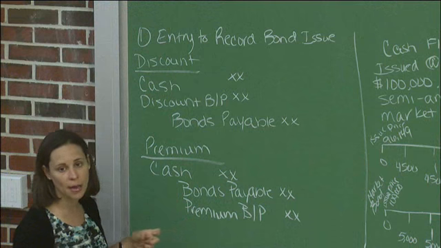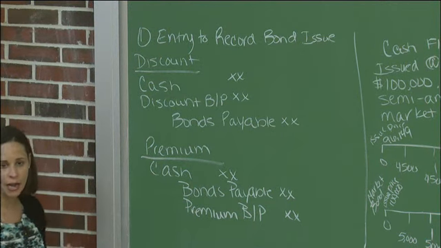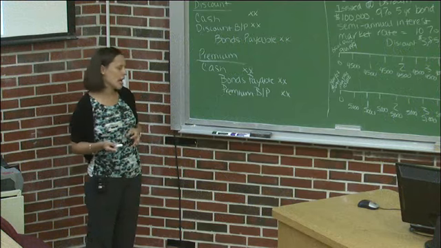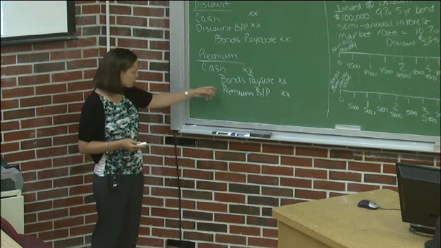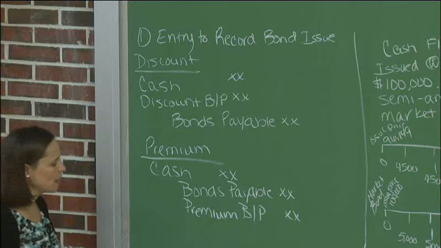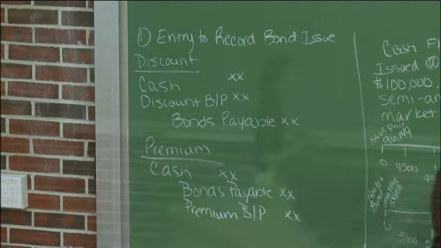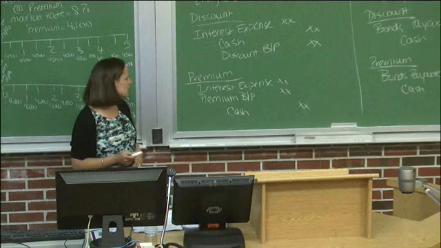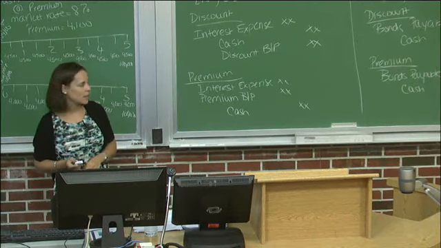Remember, premium on bonds payable is a companion account directly related to the liability, and it increases the outstanding liability. So our premium on bonds payable has a credit balance. Therefore, in order to amortize it, or get rid of it, we need to debit premium on bonds payable.